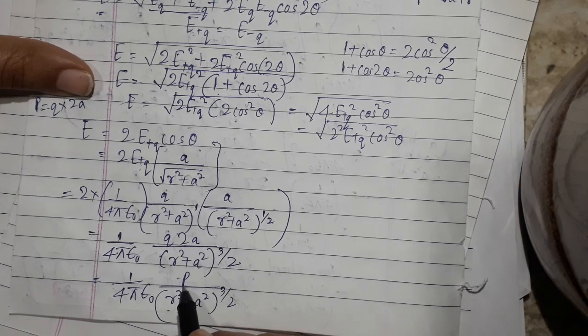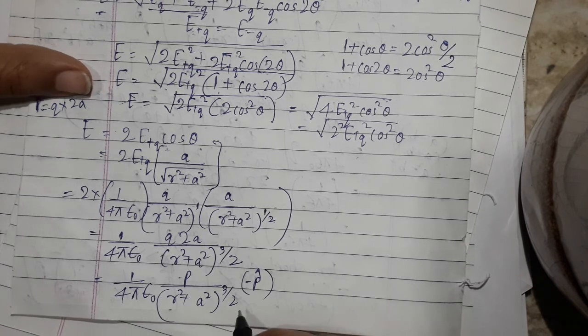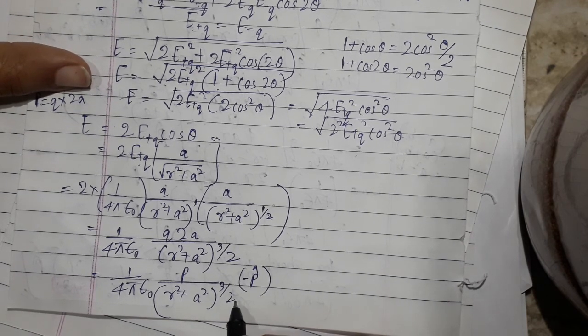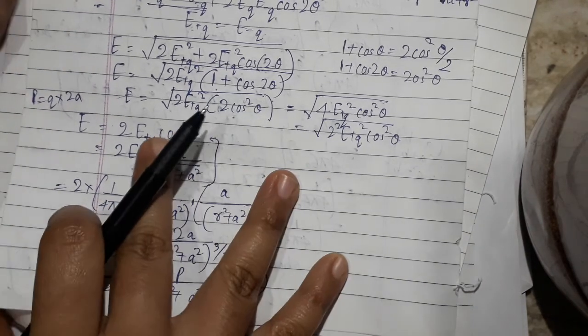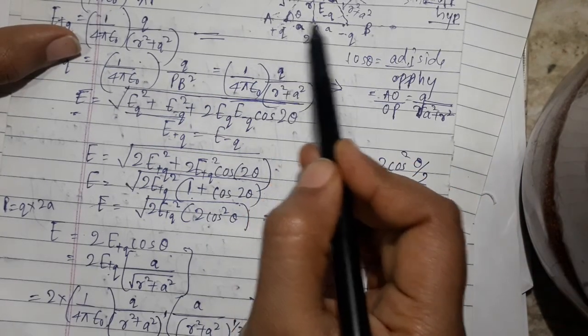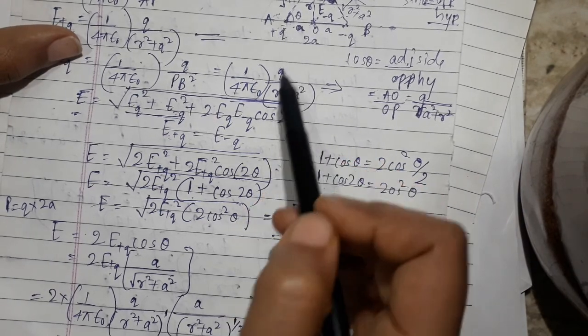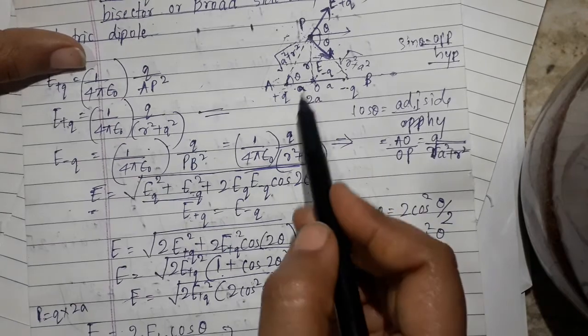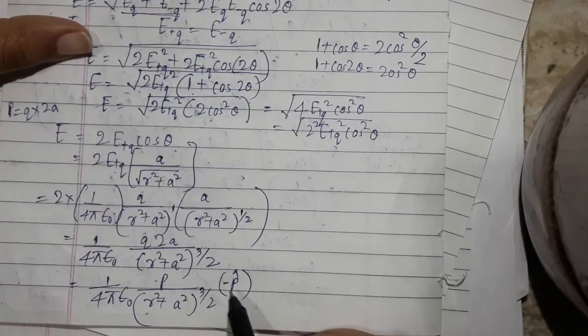Since the dipole moment is a vector quantity, it must be written as a dipole vector. Here we write minus p cap, where p cap is a unit vector in the direction from minus q to plus q, so the field is along minus p vector.